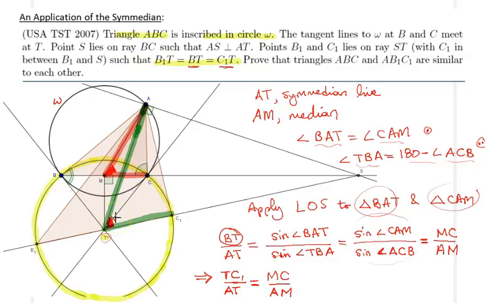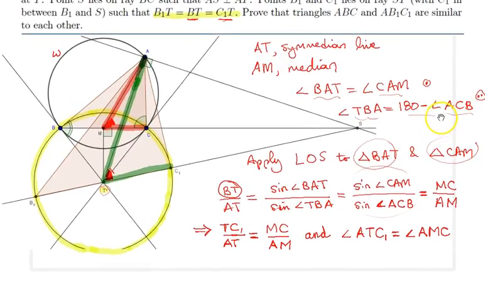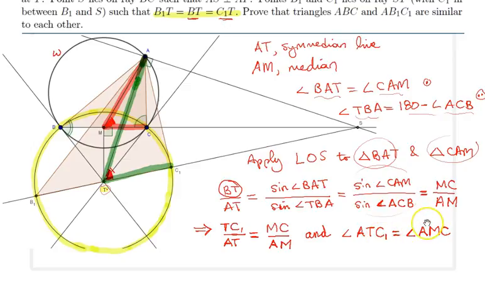So not only do we have two side lengths with a similar relationship, but those angles are equal, which suggests some similarity here. Therefore these side lengths being proportional, as well as the angles between them being equal, suggests that triangle AMC is similar to triangle ATC1.